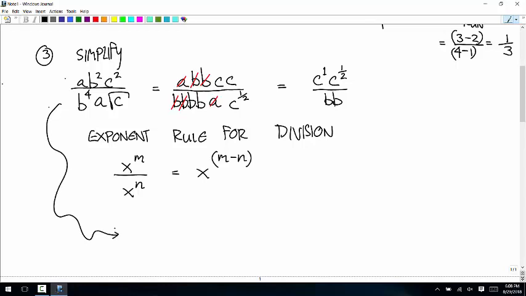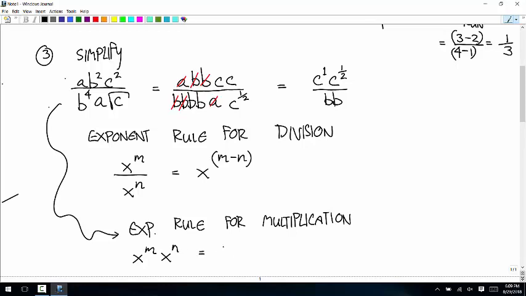Now I'll bring this down here. The exponent rule for multiplication says if you have x to the m power times x to the n power, that's equal to x to the power of m plus n.